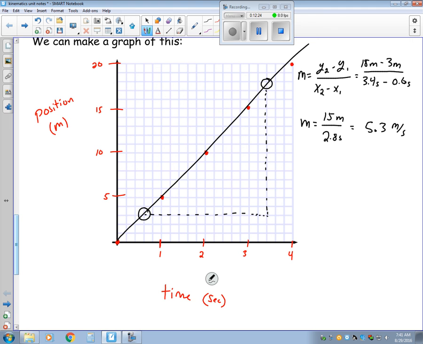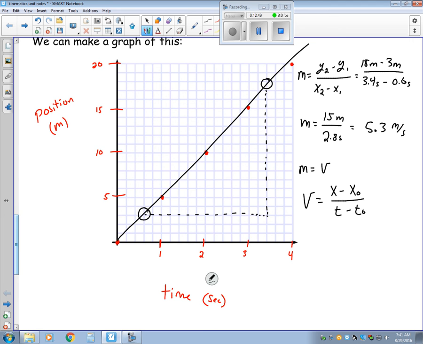So looking at this then, we see that the slope should be the same thing as the velocity. When you have a position versus time graph, the slope gives us velocity. So the velocity equals the final position minus the initial position divided by a final time minus initial time.